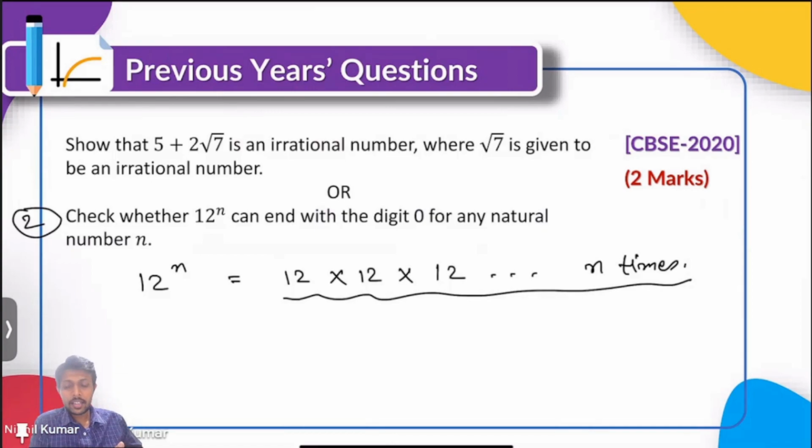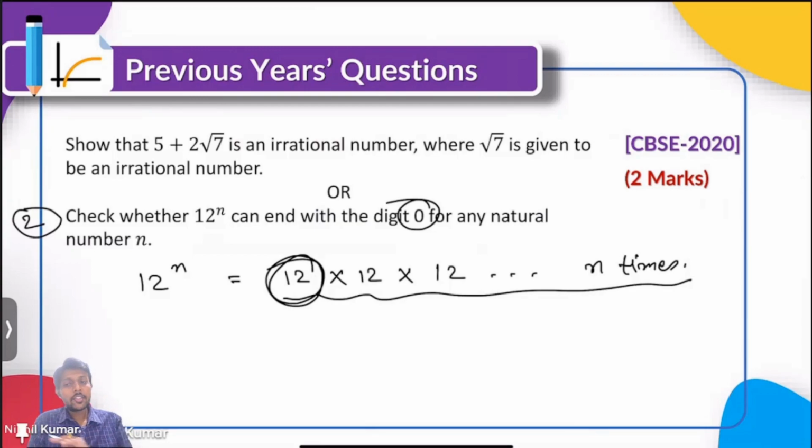We can see that it is getting divided by 2. But only getting divided by 2 is not sufficient to get a 0. It has to get divided by 2 also, 5 also. It gets divided by 2, we all agree to that. 12 gets divided by 2. But does this number get divided by 5?